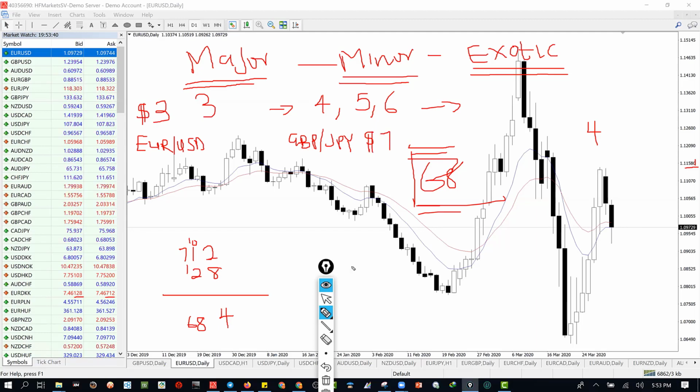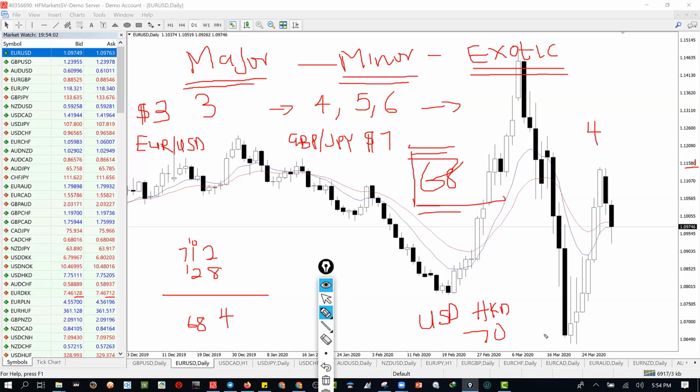Now let's say for example, I execute a trade on USD and maybe the Hong Kong dollar, and then I'm charged like $70. You can see it's very expensive.